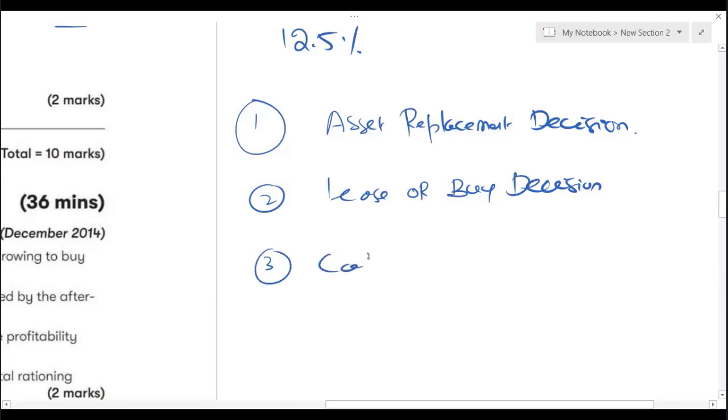Third is capital rationing. These are the three remaining topics in investment appraisal. Inshallah, after completing these three topics, with lots and lots of practice, we will move to cost of capital.